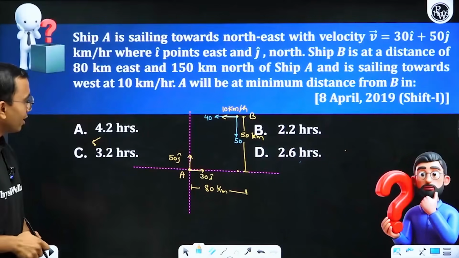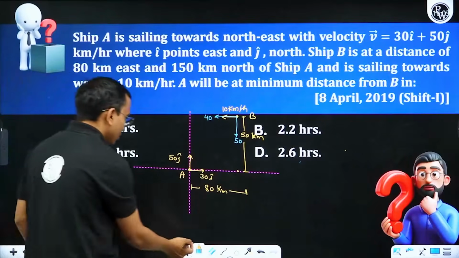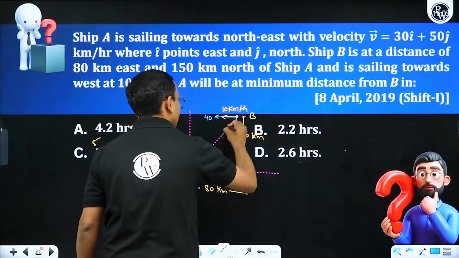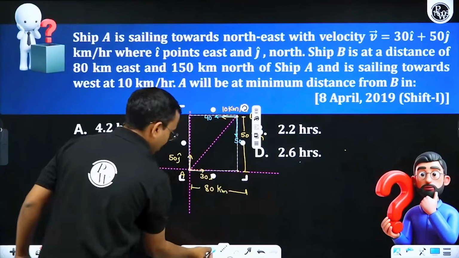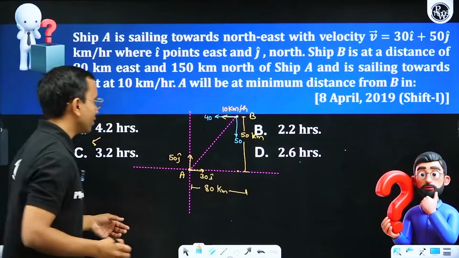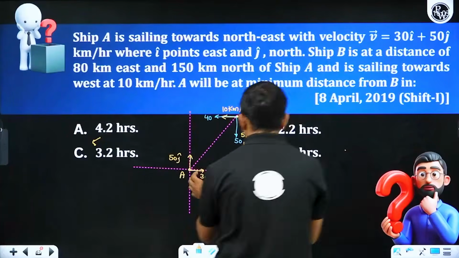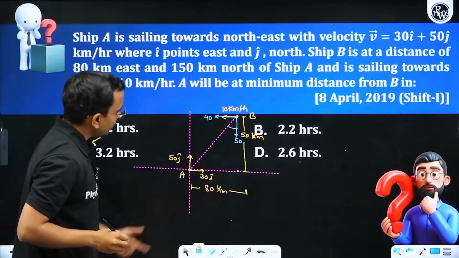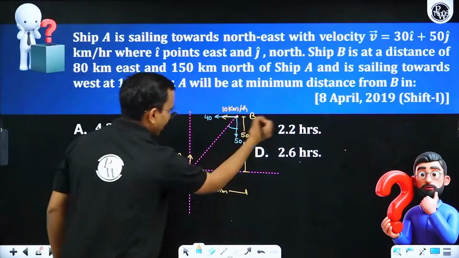Getting it? Now, I have to find the minimum distance. This is the actual initial distance between them. This is 80, this is 150. Let us take this angle as my theta.